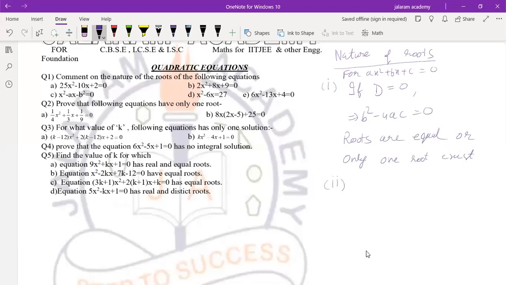Second case, if discriminant is greater than 0, roots are real and distinct, meaning two roots exist.